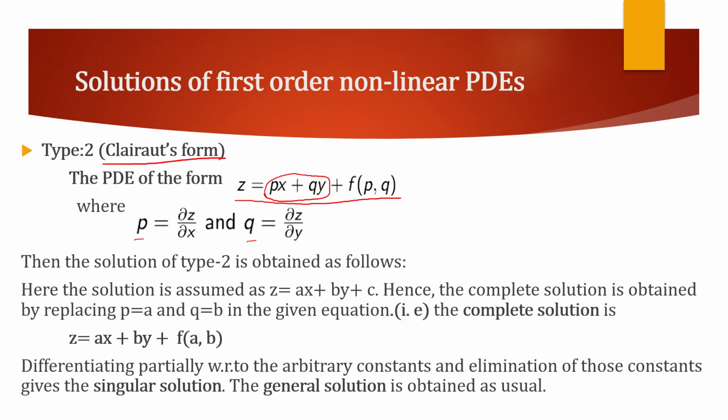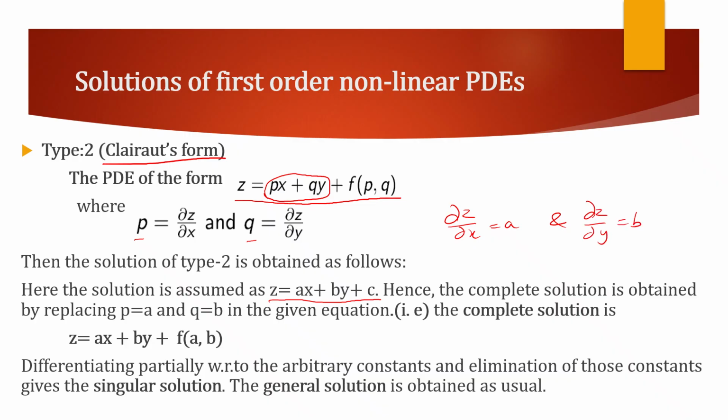For the second type of nonlinear PDE also, we assume the solution is z is equal to ax plus by plus c. When you partially differentiate this z with respect to x, we get dou z by dou x as a and dou z by dou y as b.